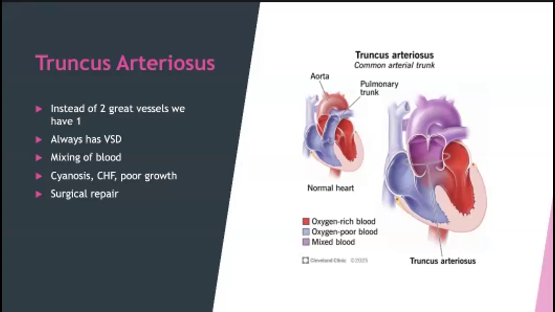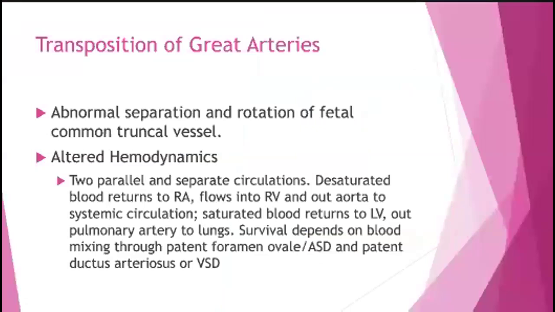So your clinical signs are going to be cyanosis, congestive heart failure, and poor growth. Management is going to be a surgical repair where we're going to close the ventricular septal defect and we're going to reroute our vessels to divide them out.